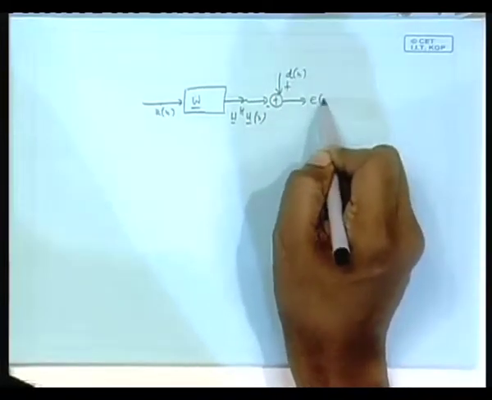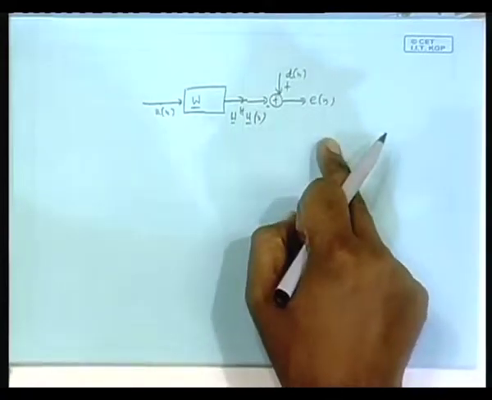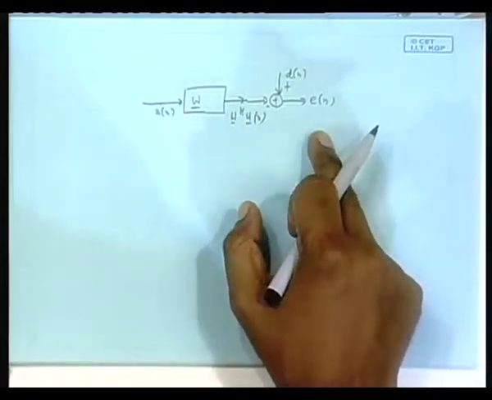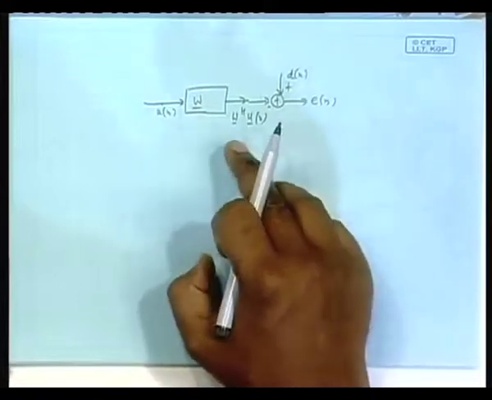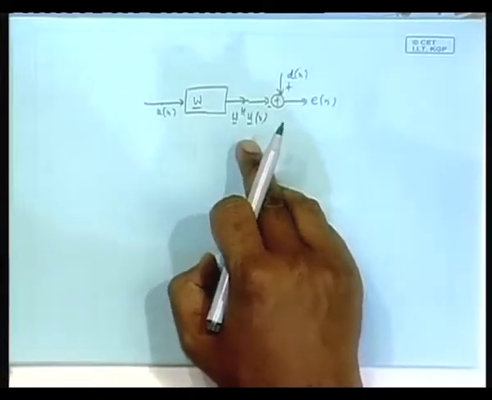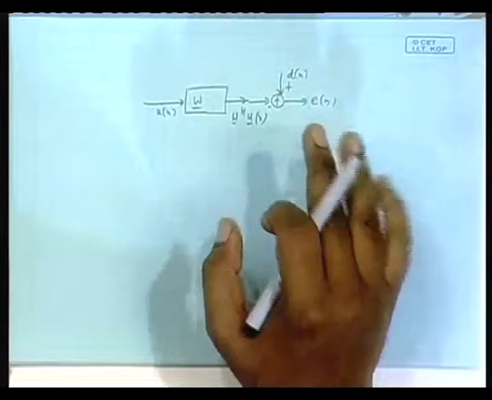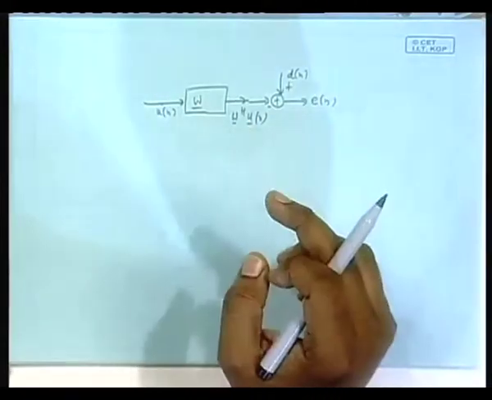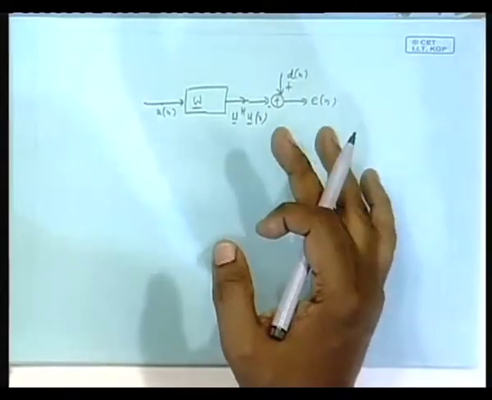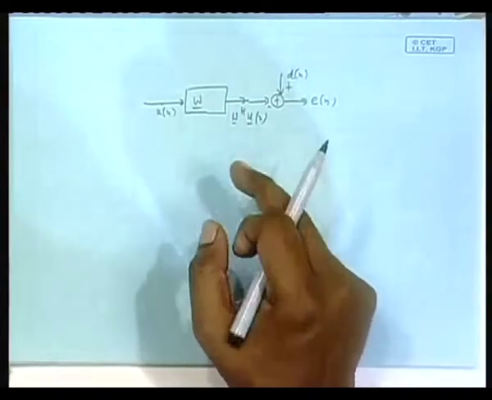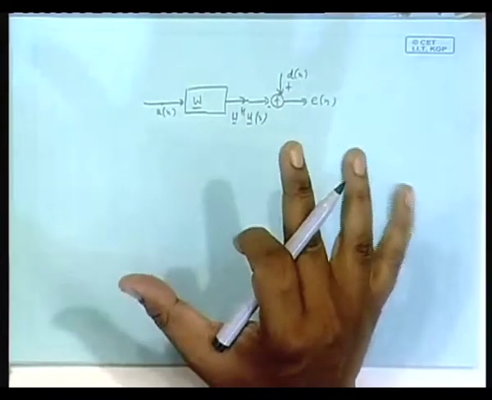This is the error. We took the variance of the error, which was a second order function of all the weights. It is a quadratic function of the weights, so obviously it has a unique minima or maxima, and in this case it is minima. You solve it, you get a filter expression.